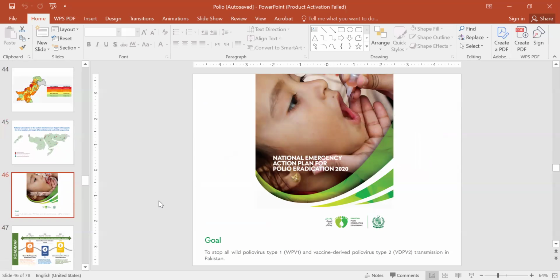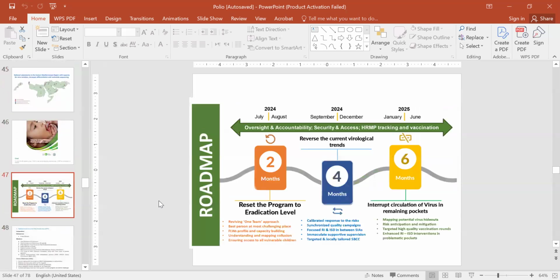Under our eradication program of polio, we have the National Emergency Action Plan for polio eradication, and it's updated almost every year. The goal of this action plan is to stop all wild polio virus type 1 and vaccine-derived polio virus type 2 transmission in Pakistan. This is the roadmap.